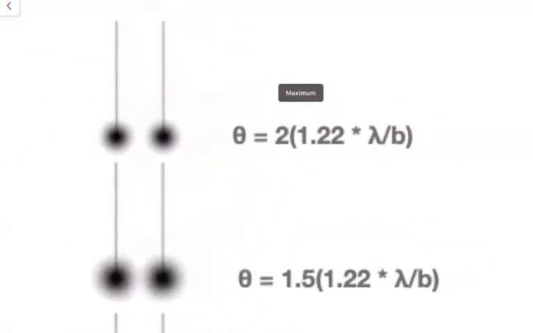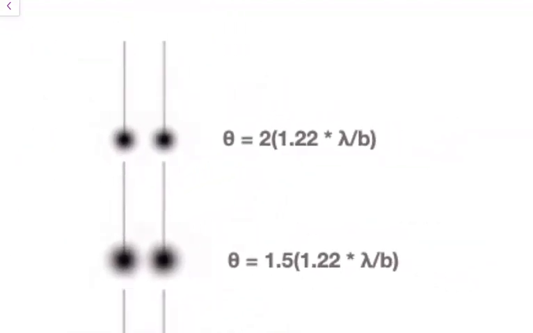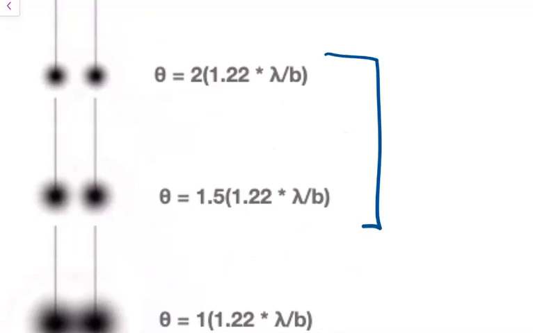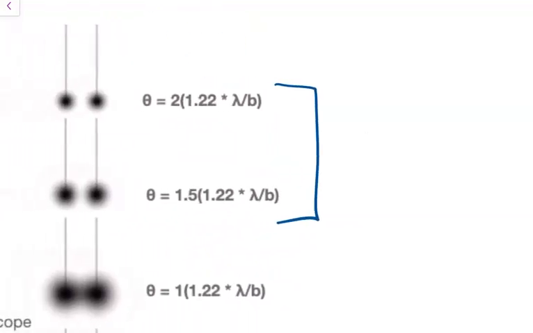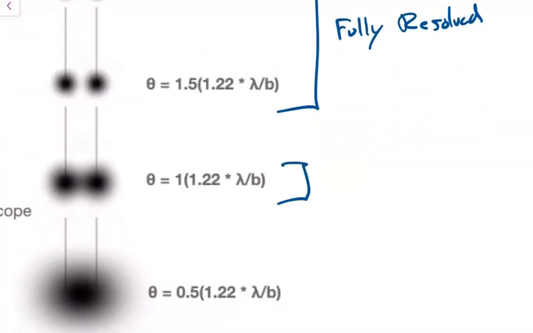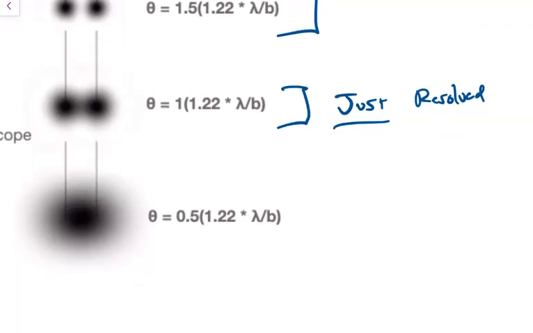If they are twice Rayleigh's criterion or 1.5 times Rayleigh's criterion, then this will produce fully resolved images. So those are definitely two points. If they are right at Rayleigh's criterion, this is just resolved. And just remember, just resolved. And then if the theta is less than Rayleigh's criterion, then they are not resolved. We see that as one image.